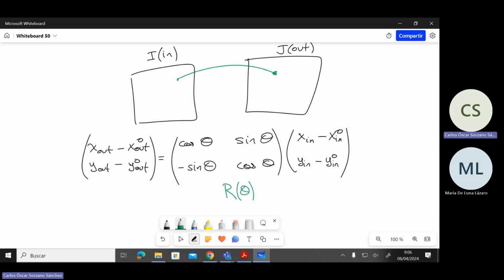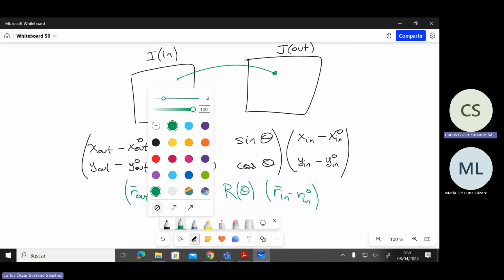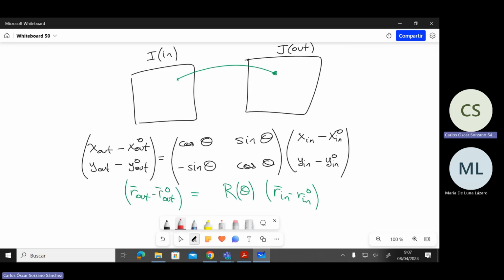Now we have here x out minus y out. That means we choose a center in these two images.